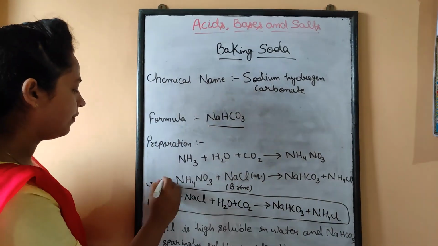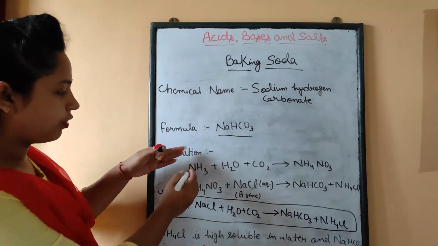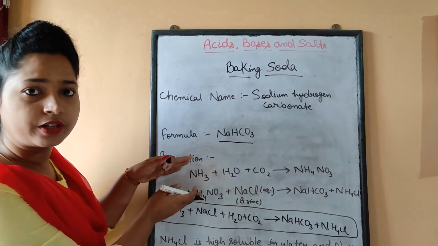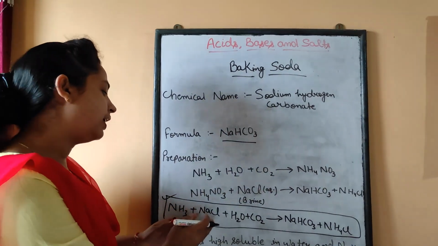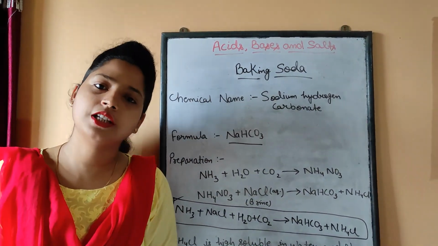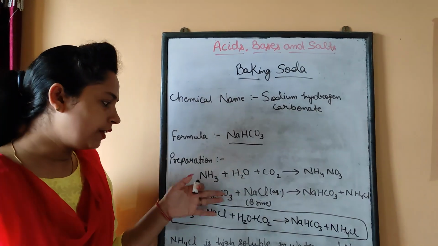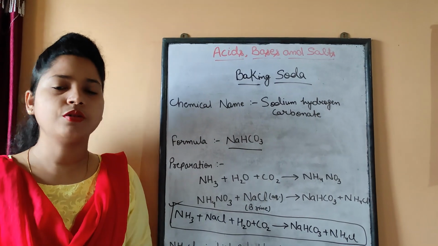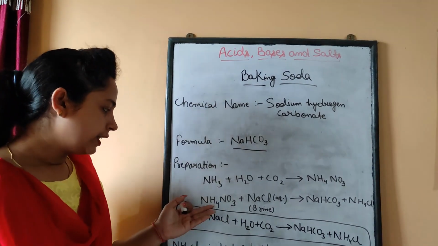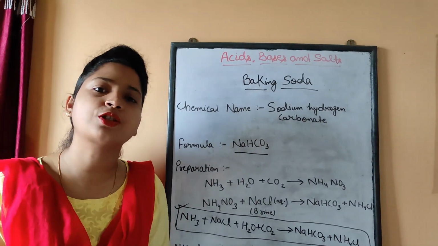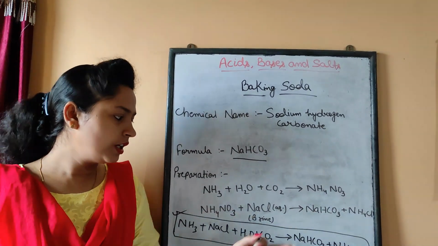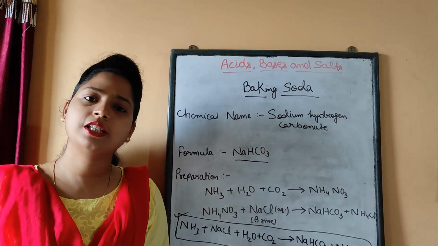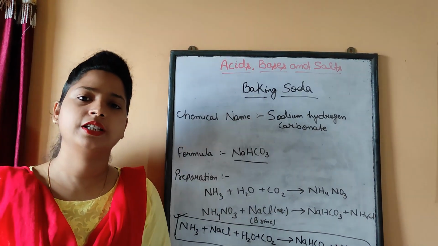This is the overall reaction of the two-step reaction, so if you write this reaction, it is correct, and if you split it into two steps, that is also correct. So basically, the ammonium nitrate reacts with brine to give sodium bicarbonate and ammonium chloride.